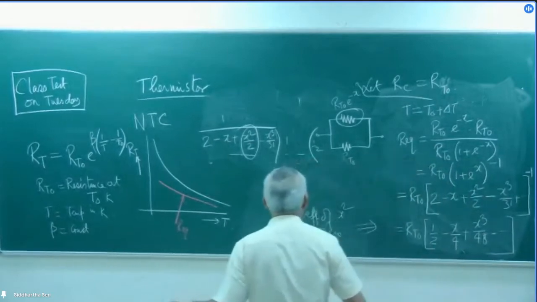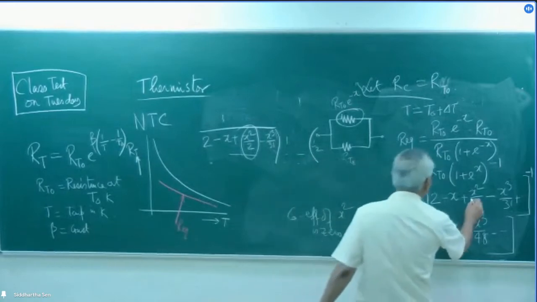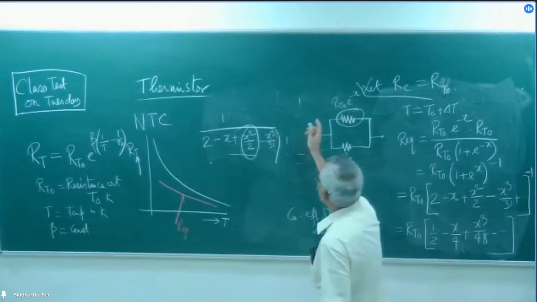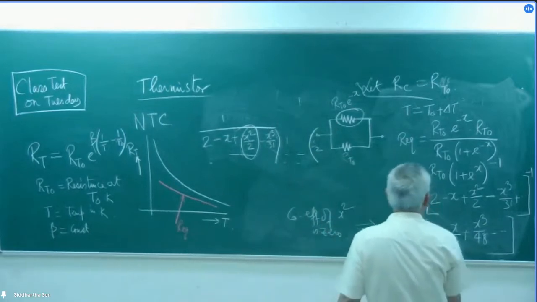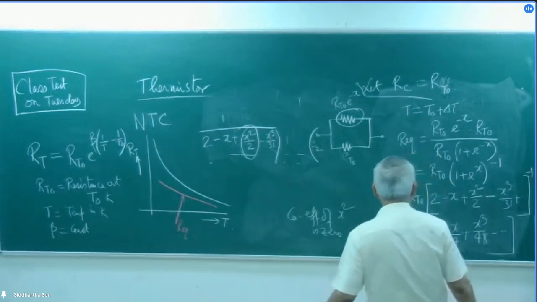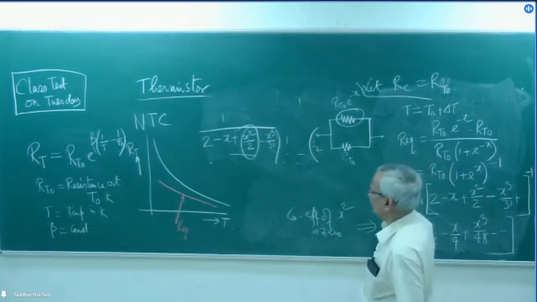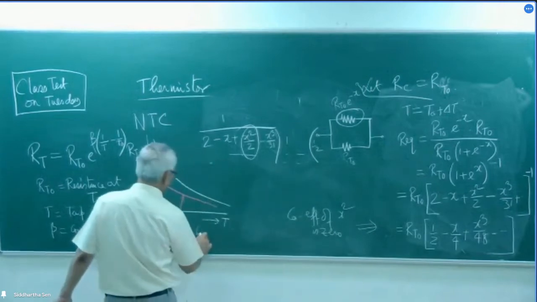But anyway, I am not going into that one. What is interesting is that this x squared term simply vanishes. It gets cancelled out. So naturally, we can say the linearity improves.